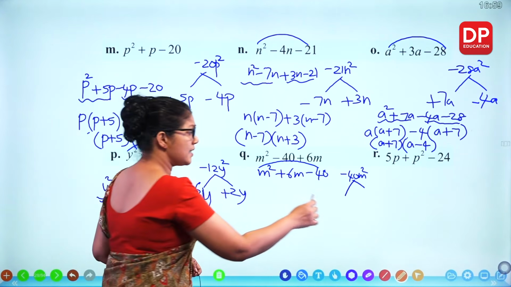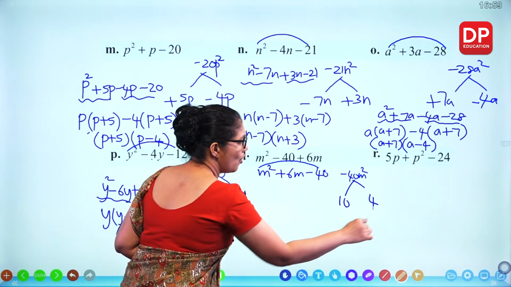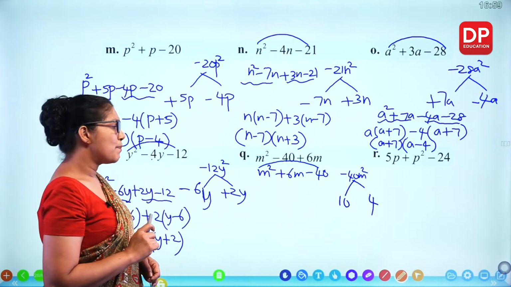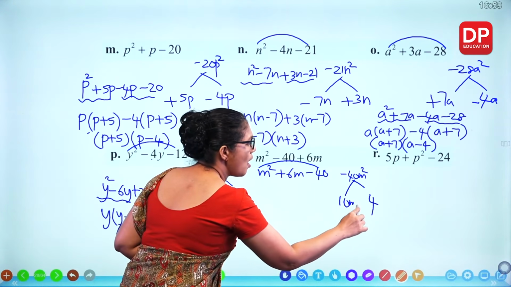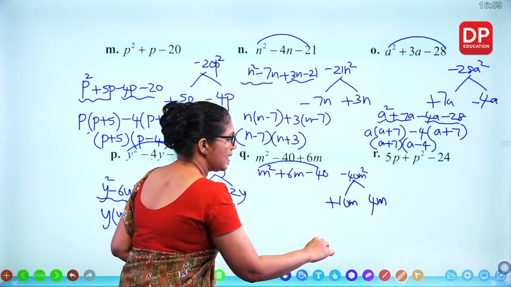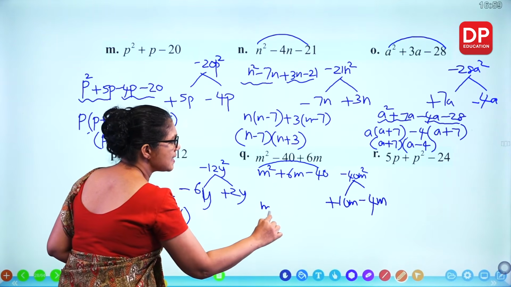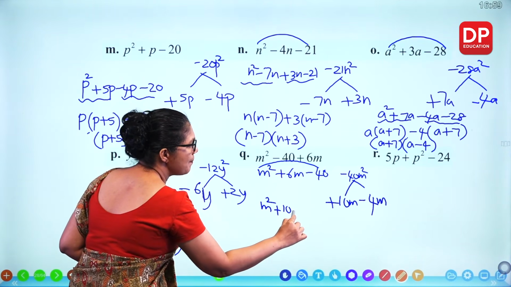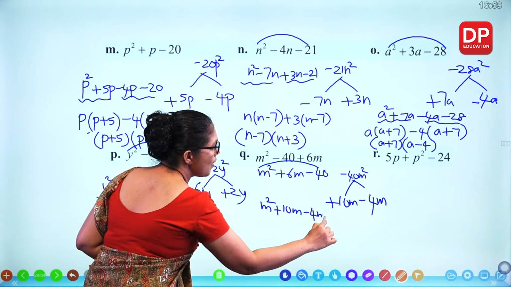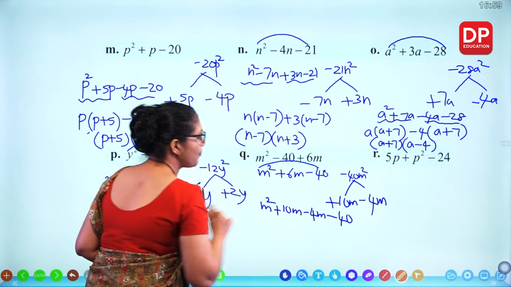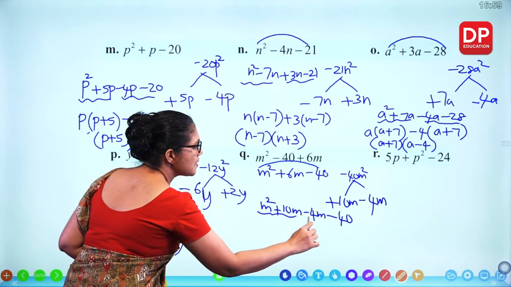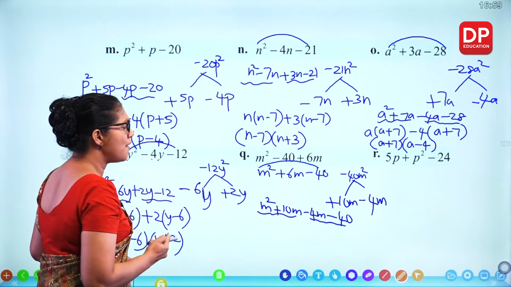So you get 10 times 4. But the middle term is positive, that means you are getting plus 10 and minus 4m. So split the middle term to plus 10m and minus 4m and take two terms separately and factorize.